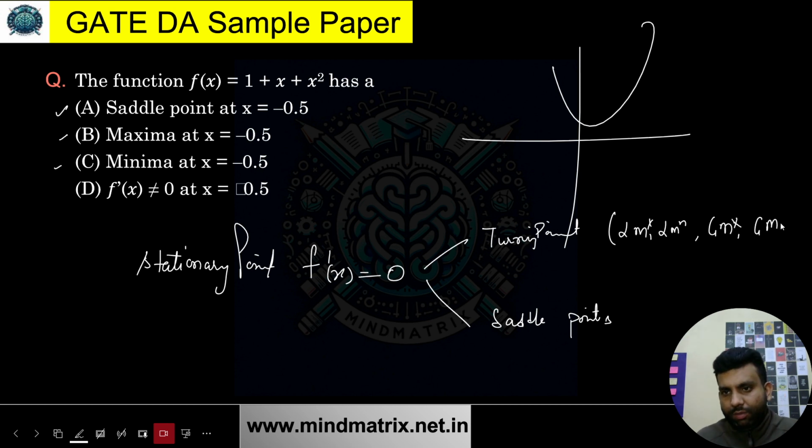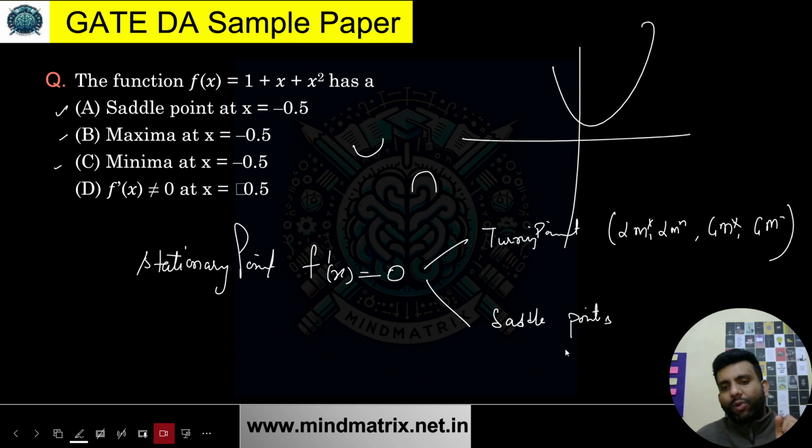So these would be turning points, because either the function will change direction from downward to upward, or from upward to downward. So at these points also your f dash x is 0. The derivative of your function would be 0.